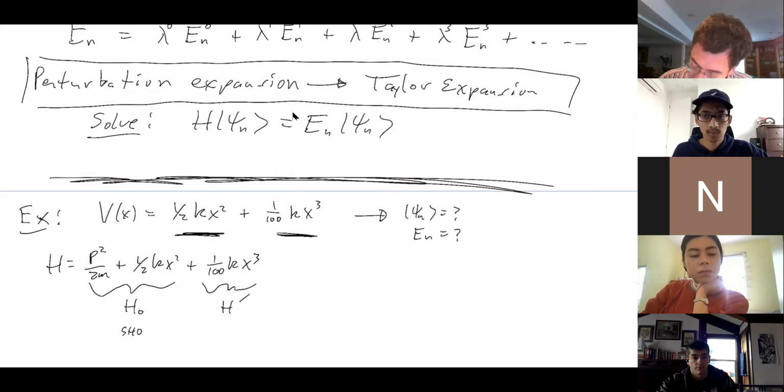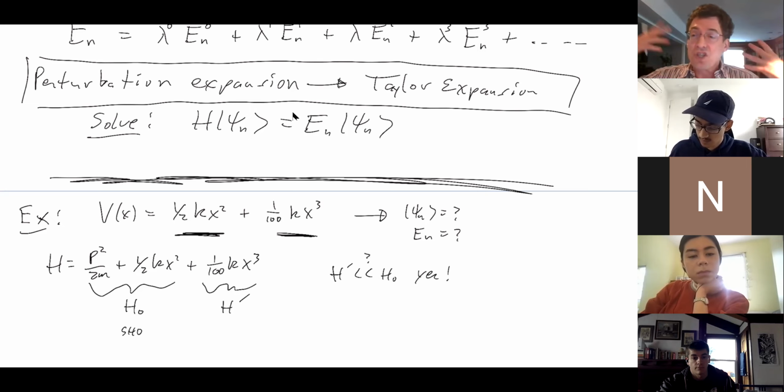The first thing you'll notice is, does it satisfy H prime is way less than H naught? And the answer is yes. So that's good. That means perturbation theory should apply.